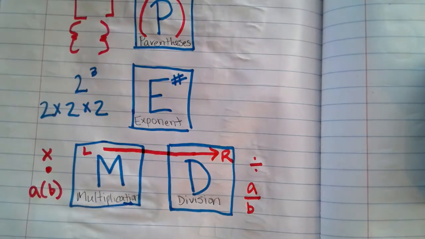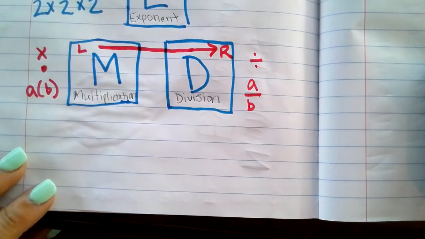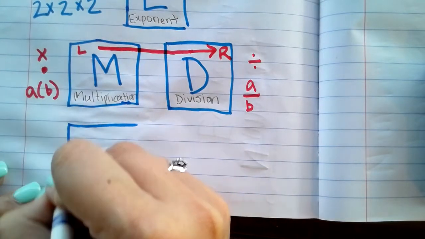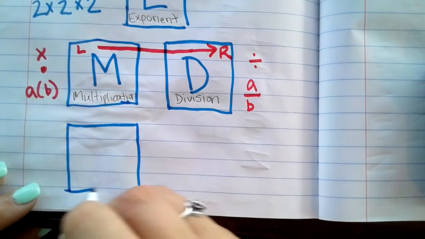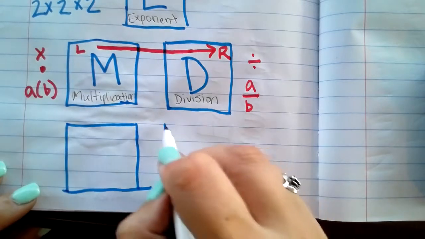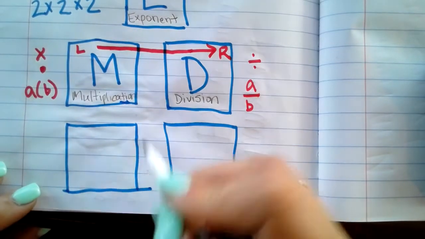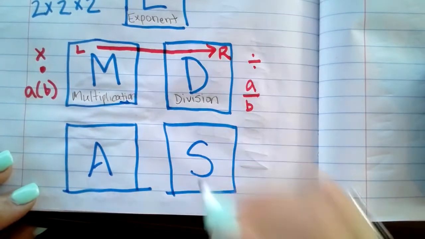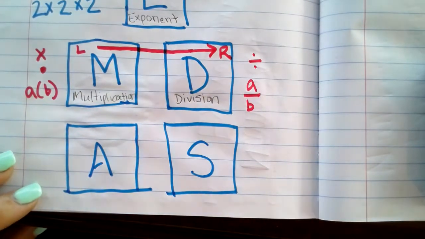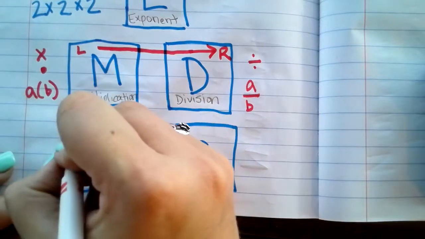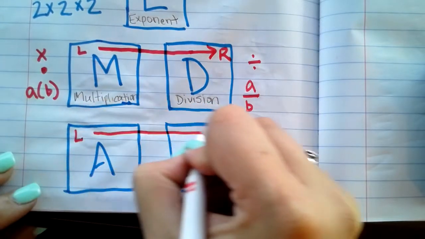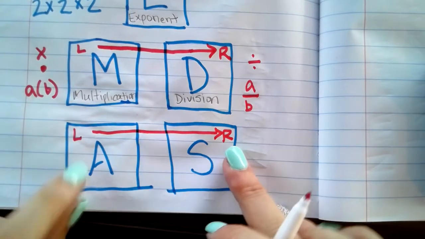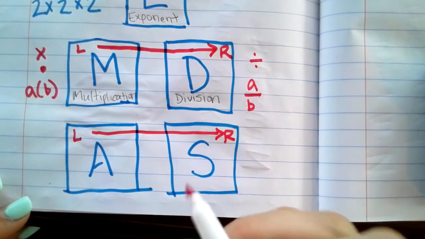Okay. Move down a little bit more, make myself 2 more boxes. And I'm going to put an A in this one and an S in this one. And I'm going to do that same thing where I'm going to write an L and an arrow all the way across over here to R, because it goes left to right, whichever comes first, left to right.